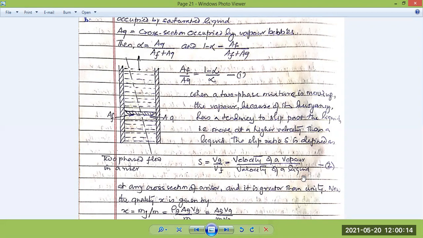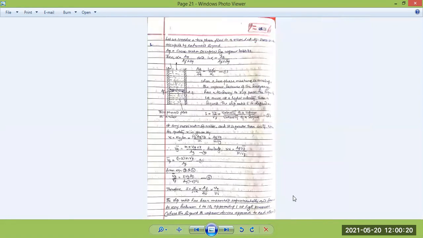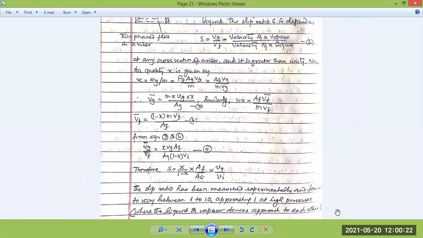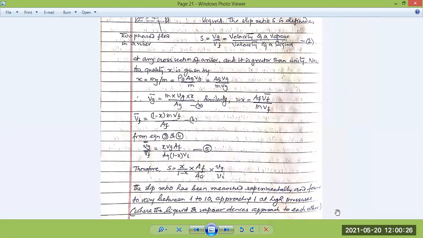Now this quantity x is given by the mass of the gas divided by the total mass.